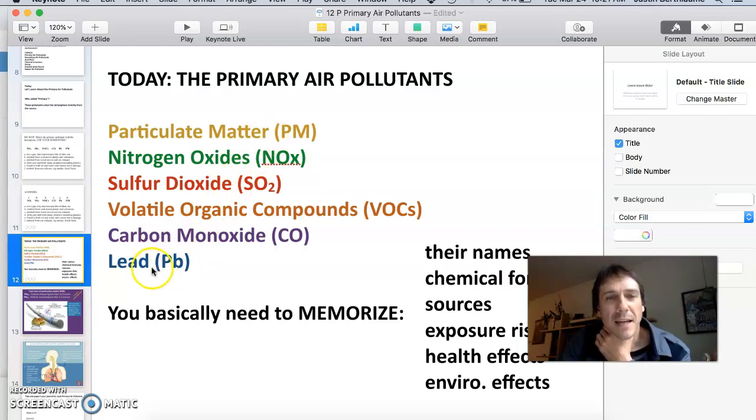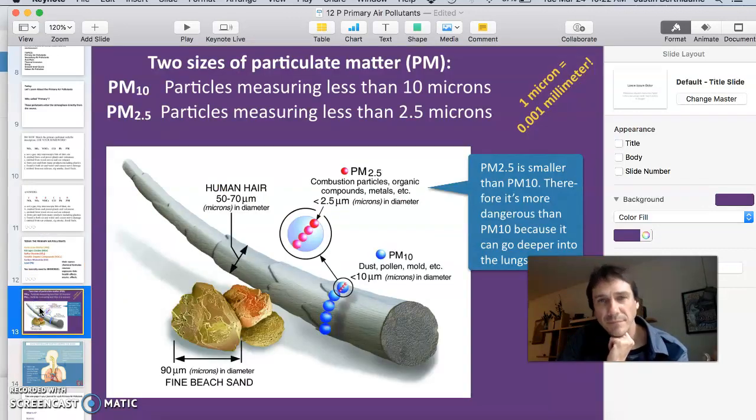And lead is not a gas either, but it can become airborne, same as particulate matter. So lead and particulate matter are not gases. They're actually little bits, and we've talked about particulate matter quite a bit in class, so you should be familiar with it already. Little bits of dust and debris and other things that get into the atmosphere from a lot of different sources.